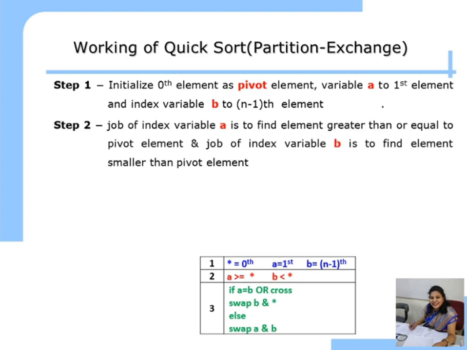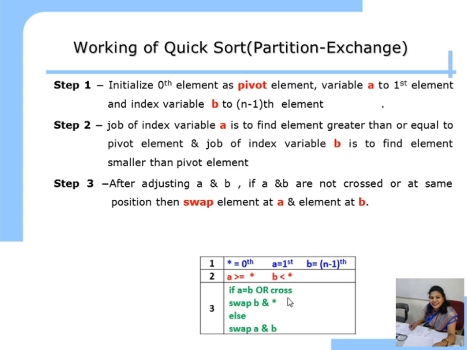The next step is adjustment. You should adjust A such that A has an element greater than or equal to the pivot and B has an element less than the pivot. After adjustment, we do the swapping. But before swapping, we have to check one condition.